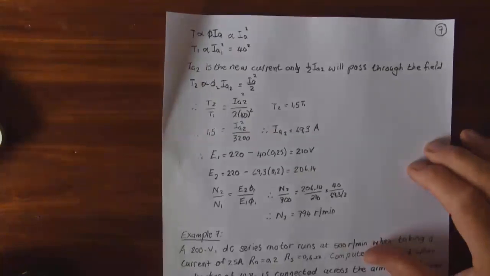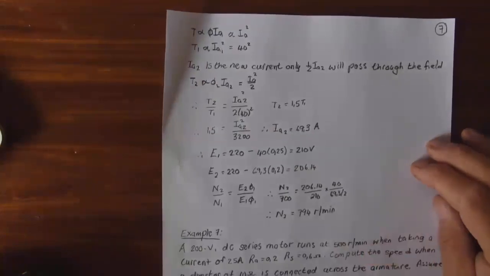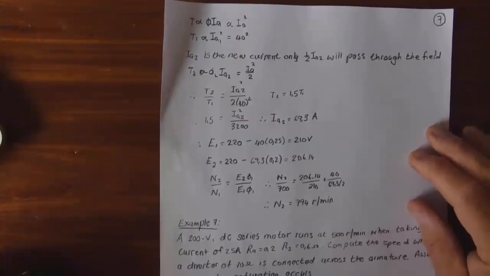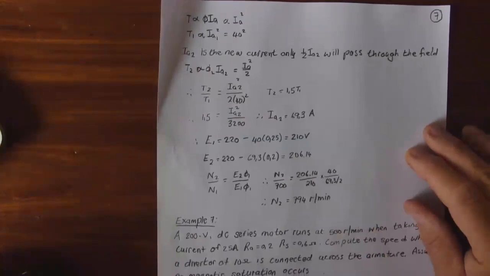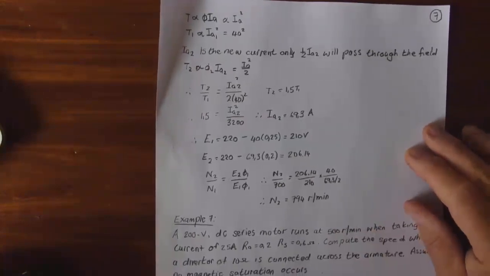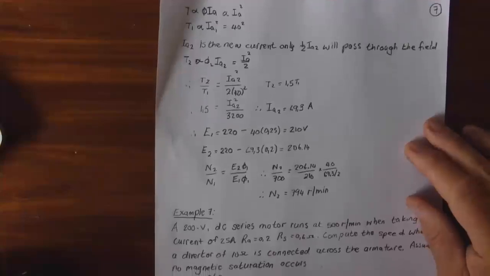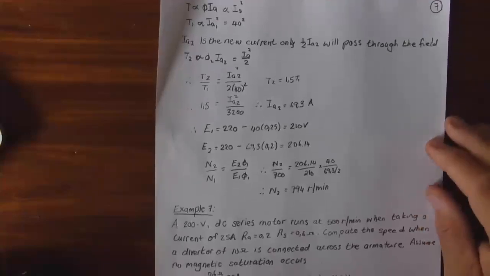So the torque is proportional to IA squared, and therefore T1 is IA1 squared, 40 squared. So IA2 is the new current, only half of that will pass through the field. So there we have IA2 is equal to I2 over 2.